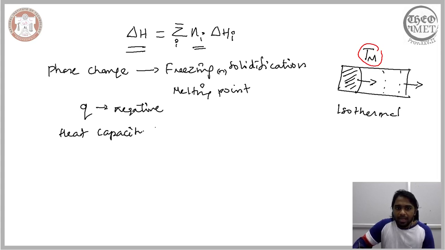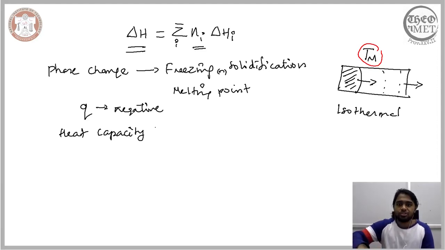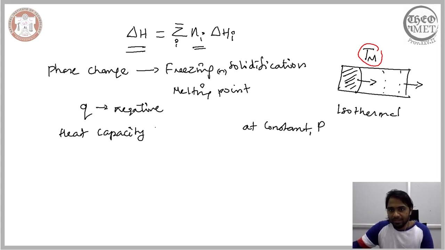Now, as in most of the systems that we often come across, the system is exposed to atmospheric pressure. Let us assume that this system operates at constant pressure, like most systems that we see in our day-to-day life or in our physical surroundings.